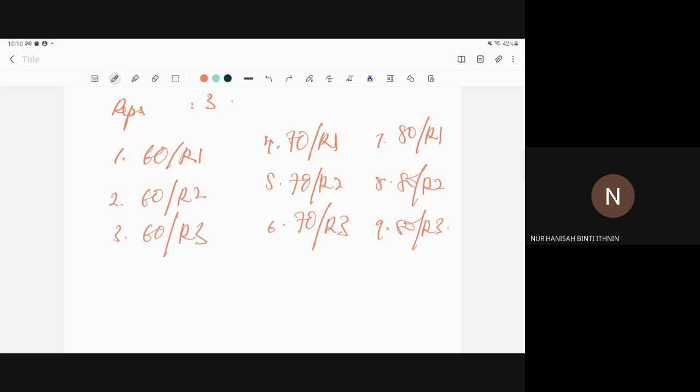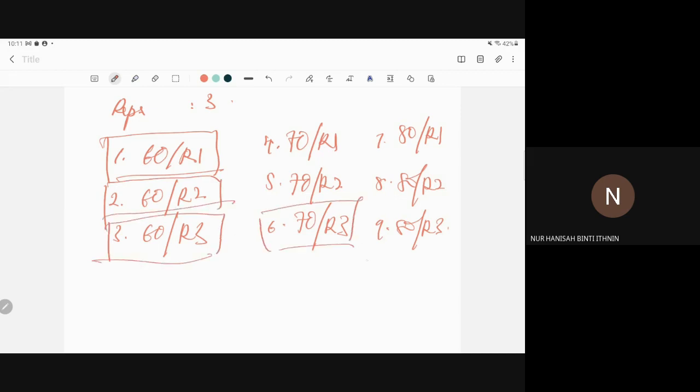Or you can do it the simpler way, which is cabut undi, pick straws. You write on pieces of paper, 60, and another piece of paper, and so on. You will have 9 pieces of paper, fold or roll them up, put them in a container, mix it, and then just pick one.